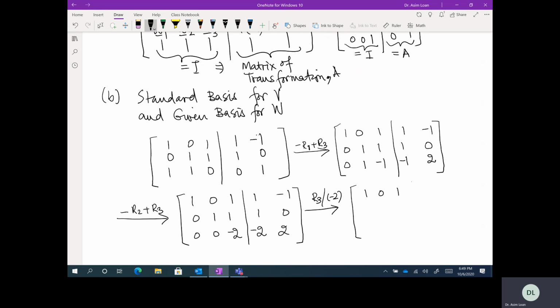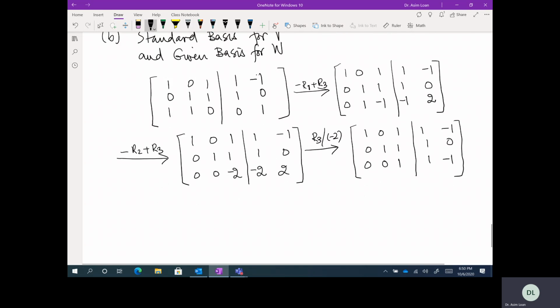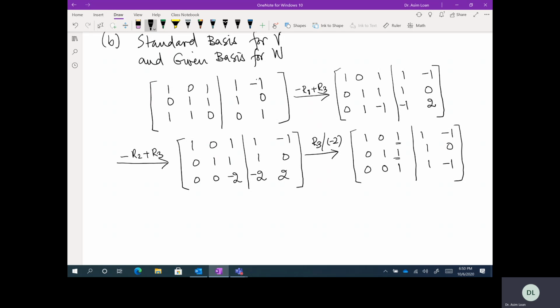Then I say row 3 divided by minus 2, and I will get 1, 0, 1, 1 minus 1, 0, 1, 1, 1, 0, 0, 0, 1, and then this is 1, this is minus 1. Finally, I want to get rid of this one and this one, so I get an identity on this side. So I do minus row 3 plus row 2, and minus row 3 plus row 1, either order is fine. So I have 0, 0, 1, 1 minus 1.